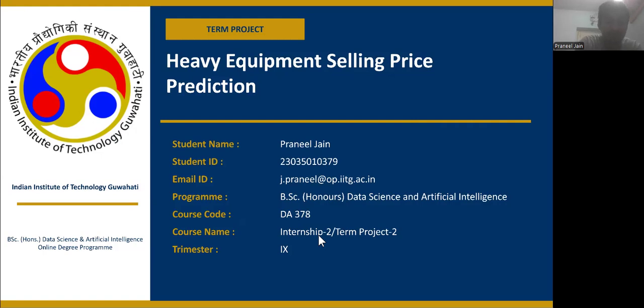The tools and technologies that I have used are Python's Pandas, sklearn, and XGBoost as the model, ridge regression, random forest, and LightGBM.